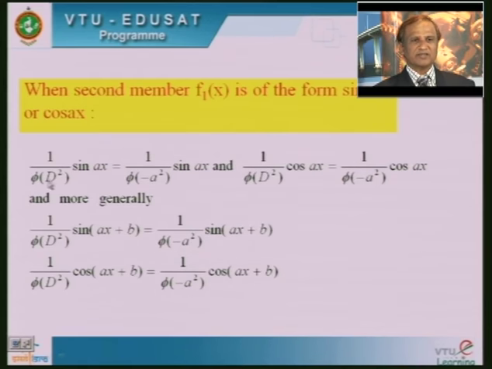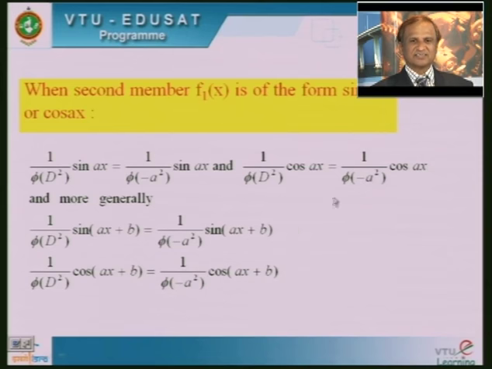That is why, while replacing D square, we must take care. We should replace D square by minus times of a square only, not minus a whole square. It is an important point to be remembered. The same thing can be written as 1 divided by phi of D square cos of ax is equal to 1 divided by phi of minus times of a square cos ax.